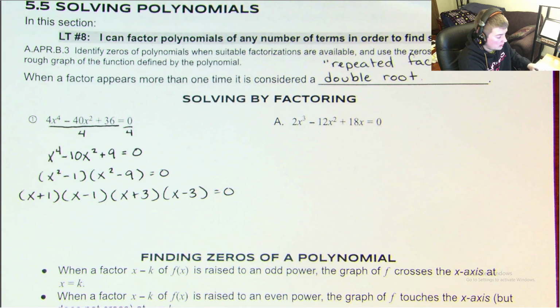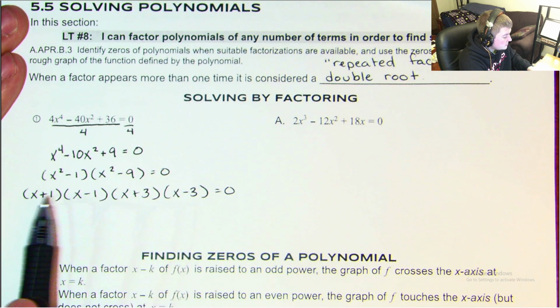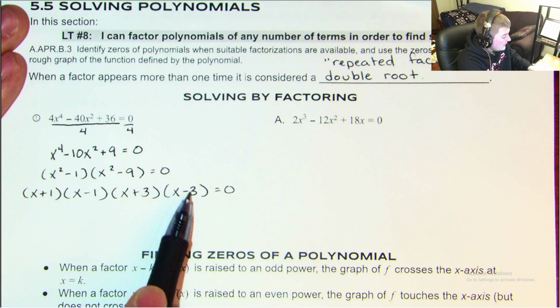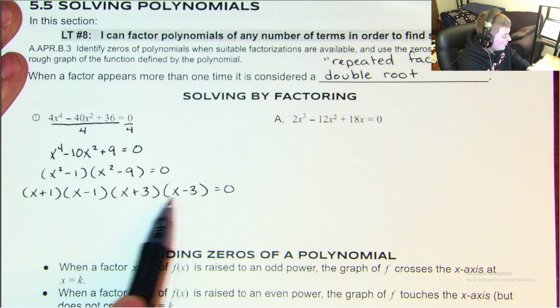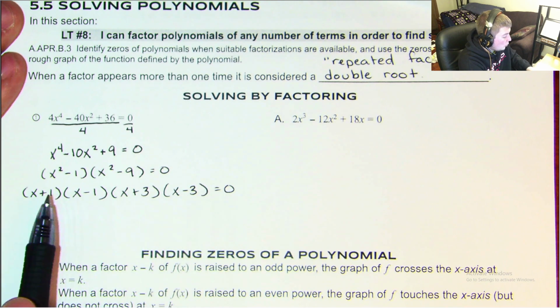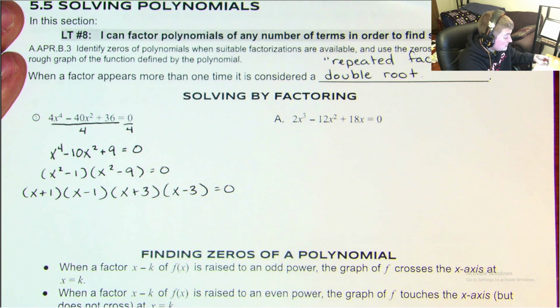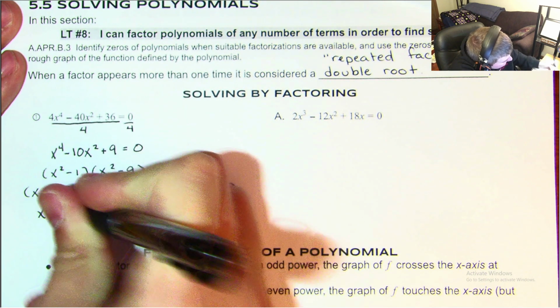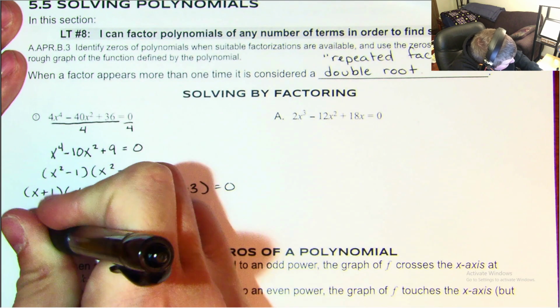Well, that's true here. Even though I have 4 factors, 4 numbers being multiplied by each other, when those numbers are multiplied I get 0, meaning one of these is going to have to be equal to 0. Okay, so we can set up 4 equations. X plus 1 is 0, meaning x is equal to negative 1.